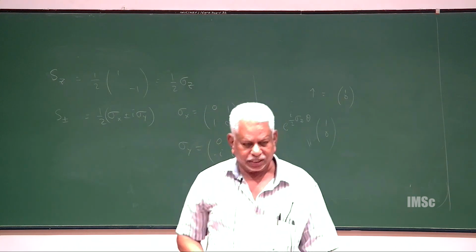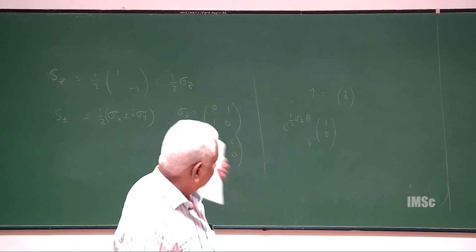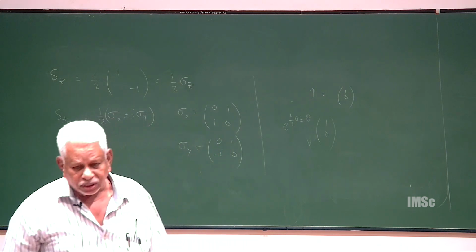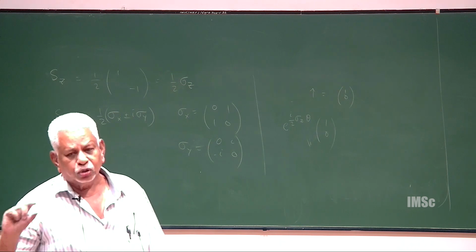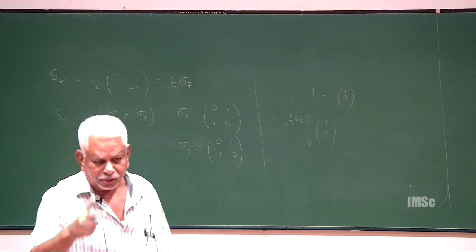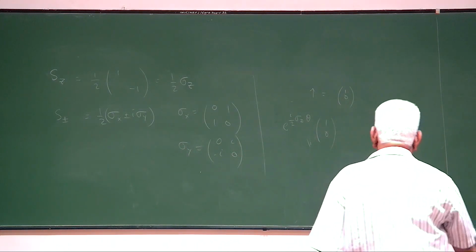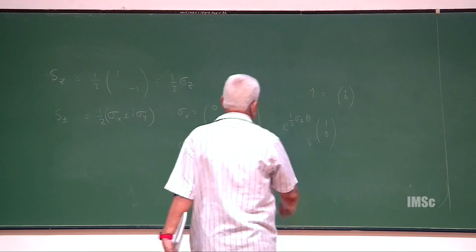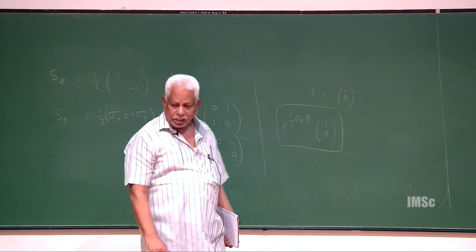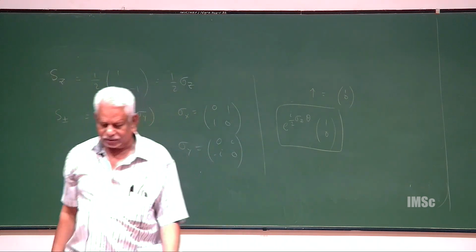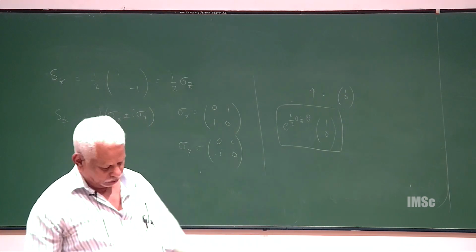Sigma z is not the generator, half of that is the generator. You should remember that factor of half. If you have that, 1 plus i sigma will give you small rotations. If you do large rotations, this is what you have to compute. You should exponentiate. If you were exponentiating for orbital angular momentum, you should do it here also.